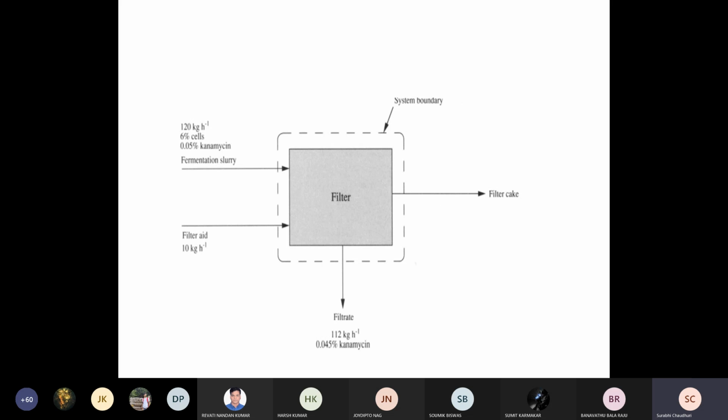And filter aid is coming 10 kg per hour. These are coming in. Going out is the filtrate 112 kg per hour, which has 0.045% kanamycin, and we are getting a filter cake. Okay, the solid deposition on the filter media.